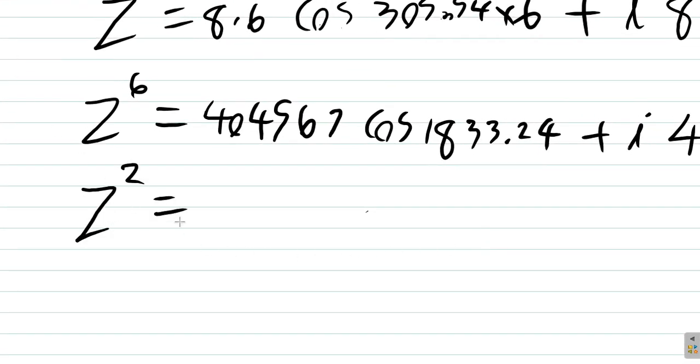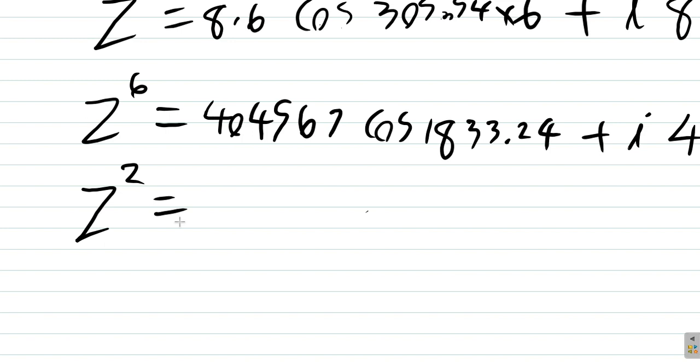So what you need to do is say 404,567 multiplied by the cos of 1833.24.